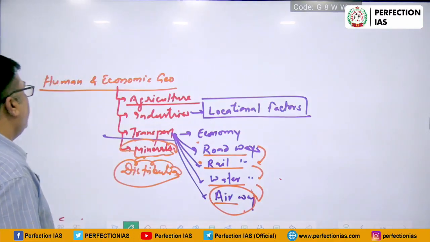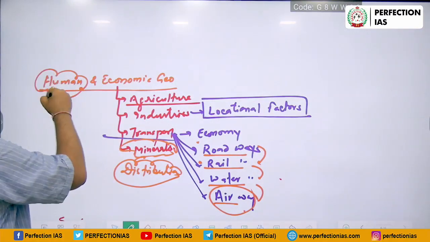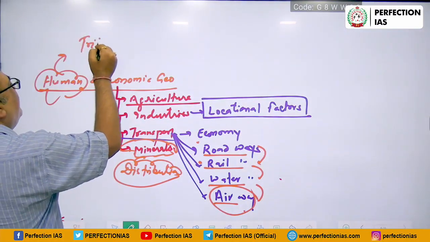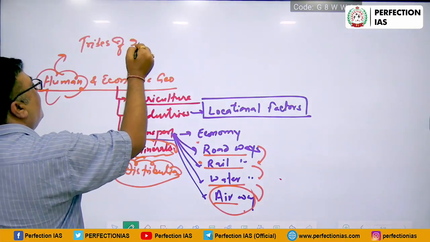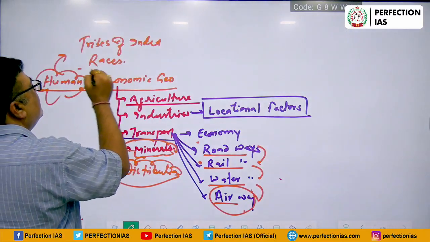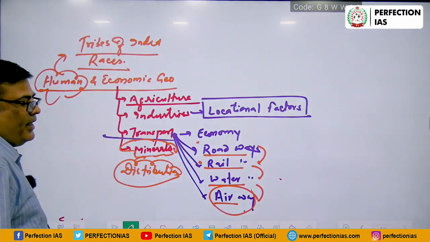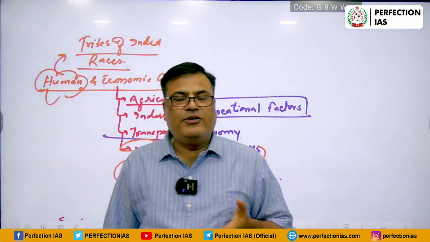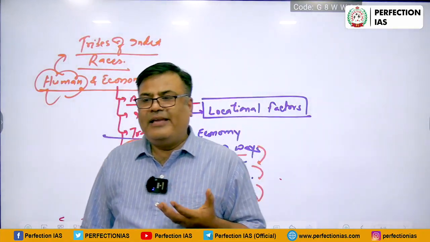All right, when we talk about the human, so it is very much related to tribes of India, races in prelims exam. Which is the important races, what are the features, what are the important tribes.